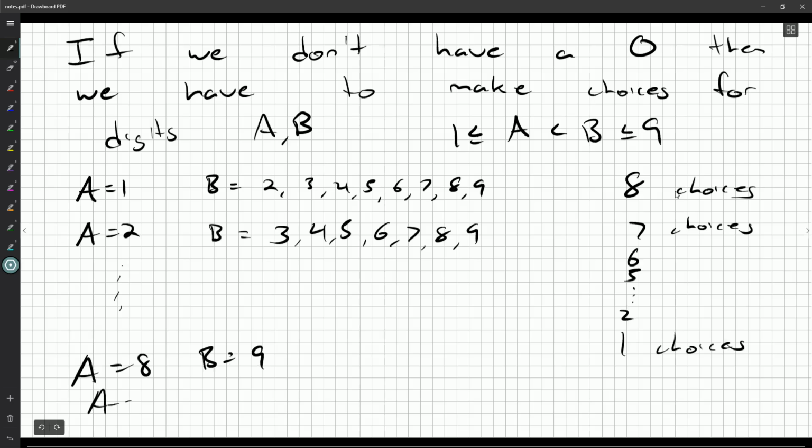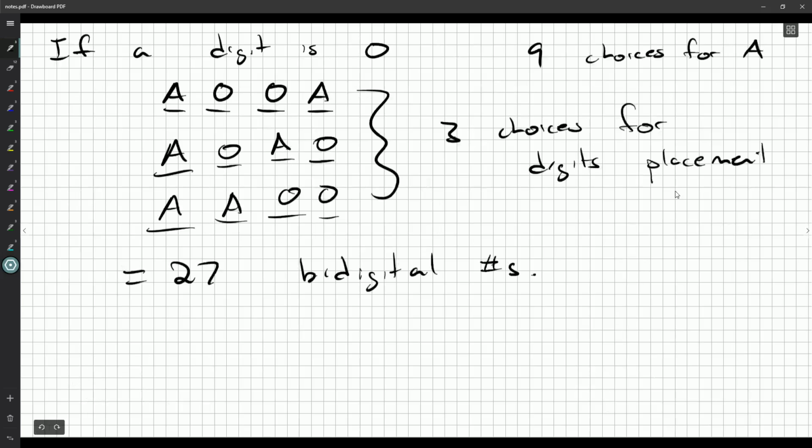Now if A were 9, well, B has to be a digit that's bigger than 9, and there's no such thing. So how many choices is this? Well, 1 plus 2 plus 3 plus 4, and so on. So you might know this number. It's going to be 36. It's not that hard to work it out on your own. But 36 choices for digits. And that's a lot more than just the 9 we had before.